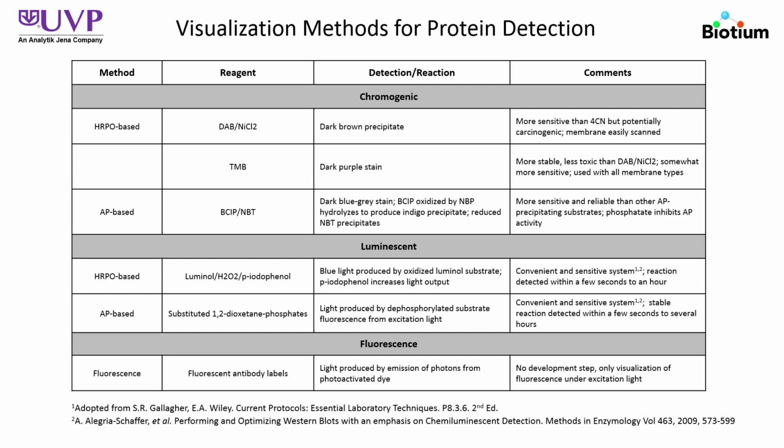You do need an excitation and emission setup for exciting the fluorescence and detecting the correct fluorescence. But the advantage of fluorescence is that you can do multiplexing, detect more than one protein at a time on a blot, and they're extremely stable. In the dark, they can last for many months and be reimaged at any time.